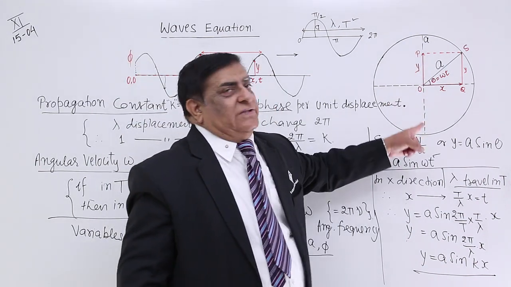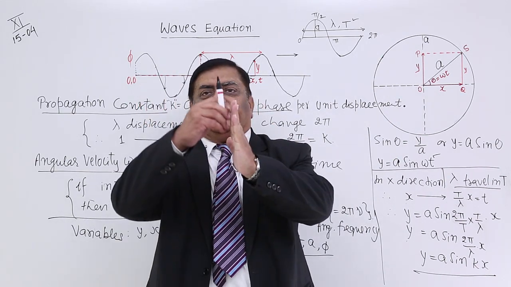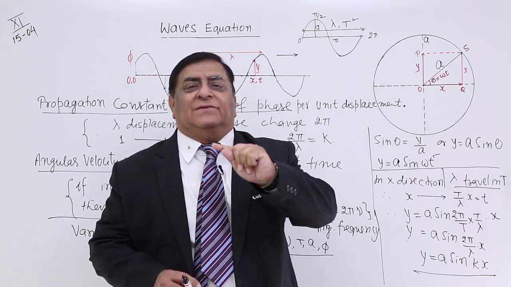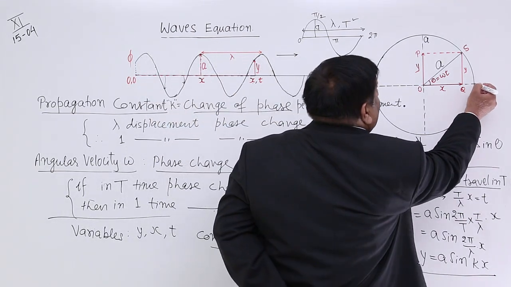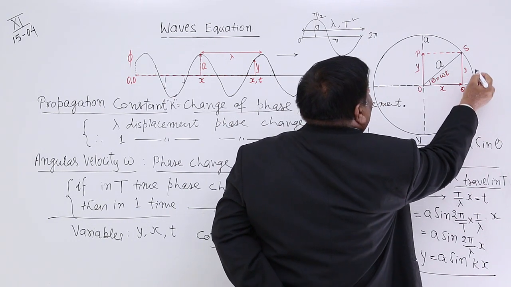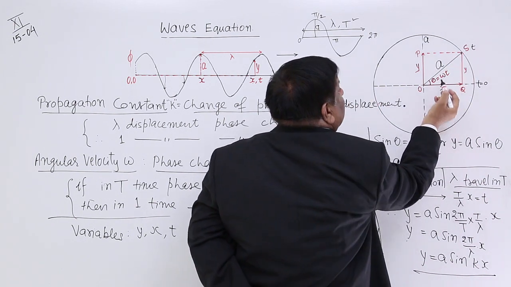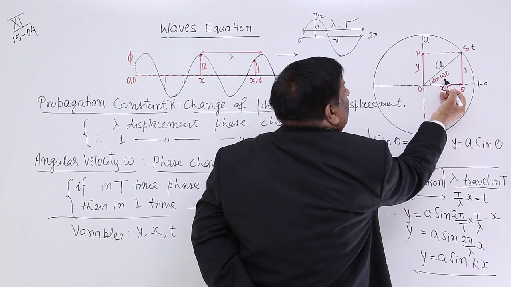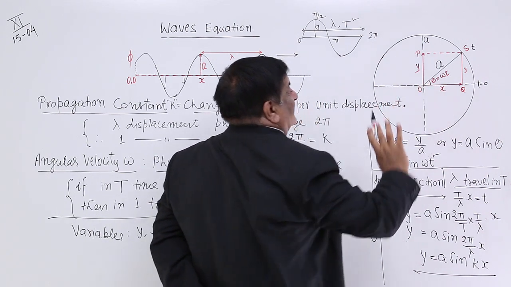Here we see the oscillations. In this oscillation, if we take time variation, here the time was 0 and at this point the time is t. At time t, moving with angular velocity omega, theta is equal to omega multiplied by t.